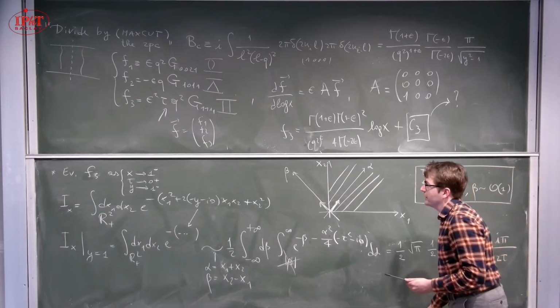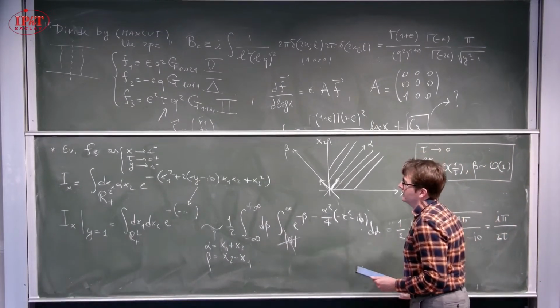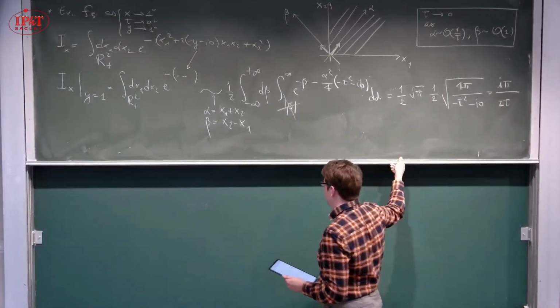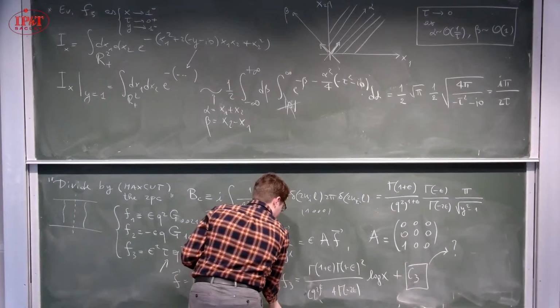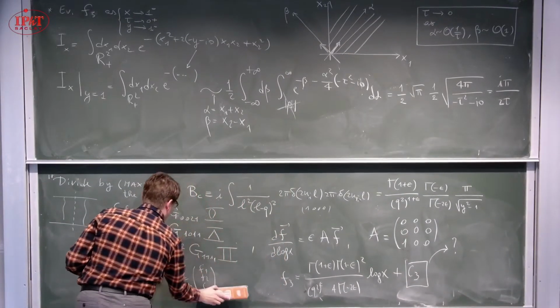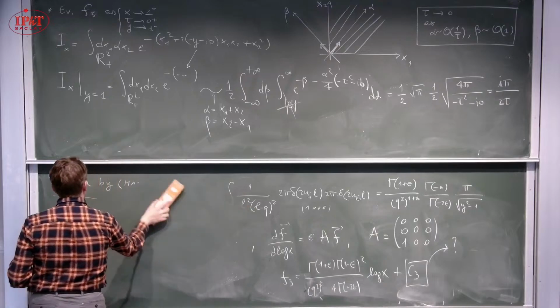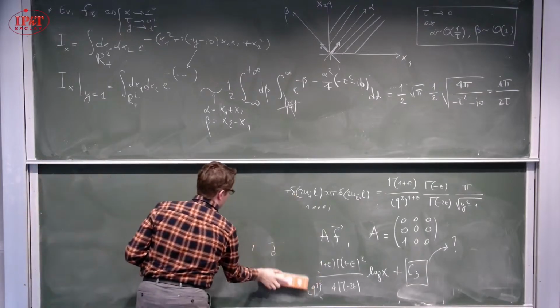So maybe before the break, let me conclude by giving an exercise again, a case which is slightly less trivial. The same exact logic can apply to another integral, which is instead relevant for the two-loop calculation.